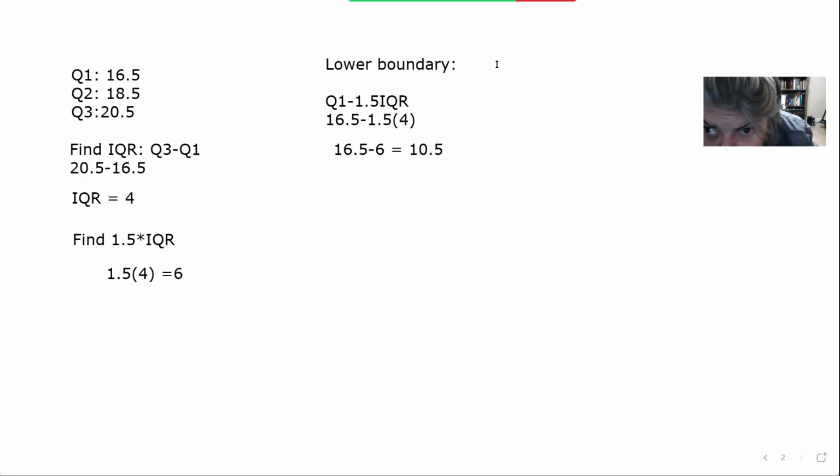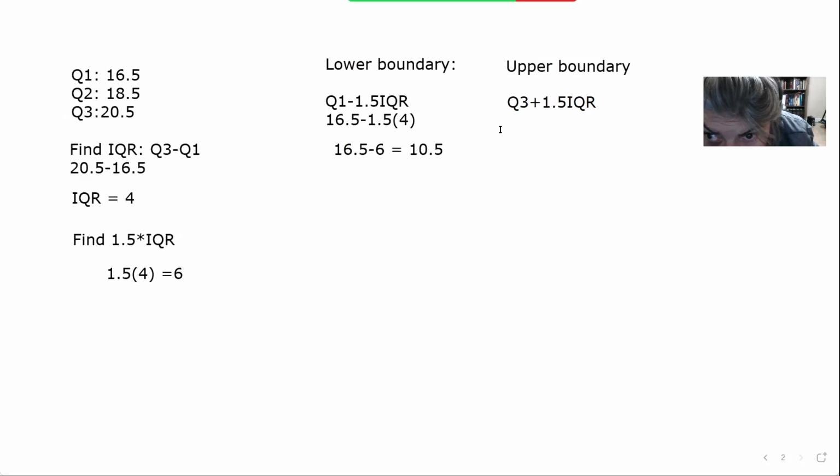So my upper boundary is going to be Q3 plus 1.5 times the IQR.